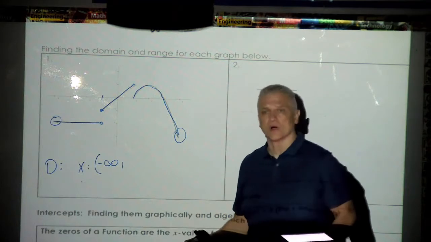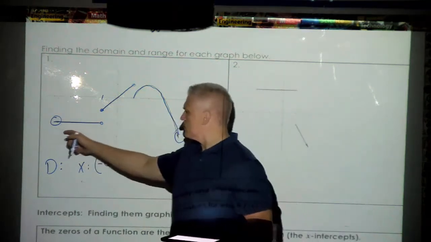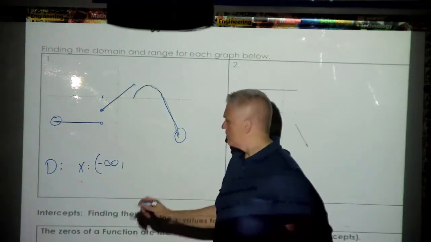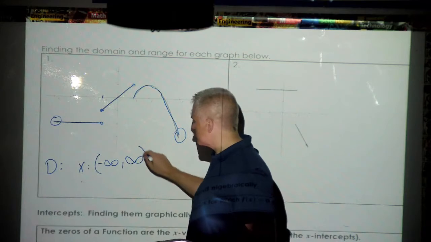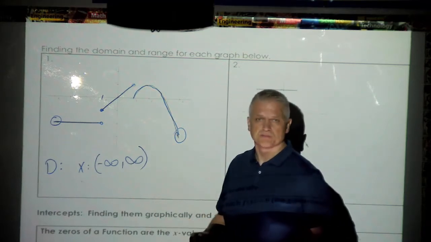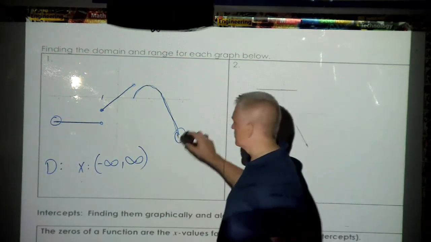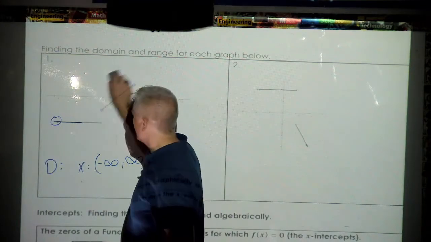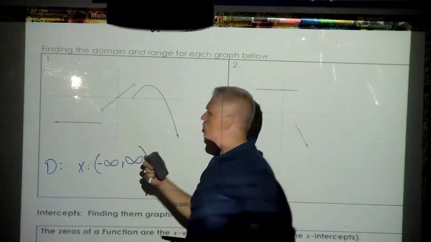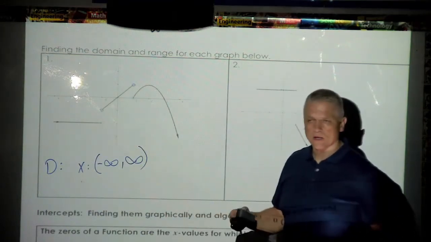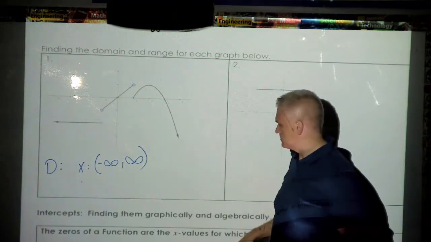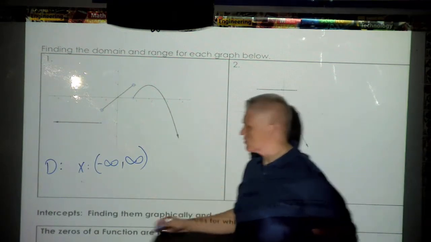And now there's an arrow. So from negative infinity to infinity, there are x coordinates accounted for with real numbers. Okay, so the domain is all reals. Okay, there is no x value that is not going to give you a real number y coordinate in this function. Okay, let's look at the range.